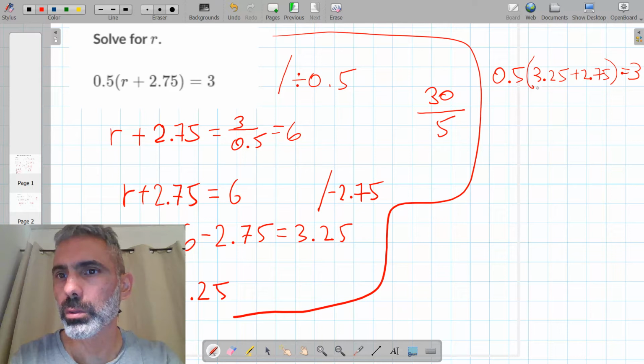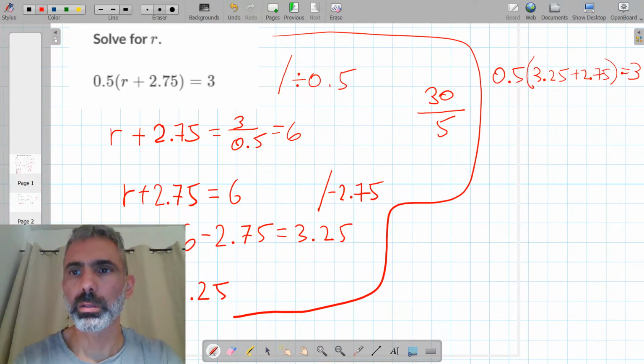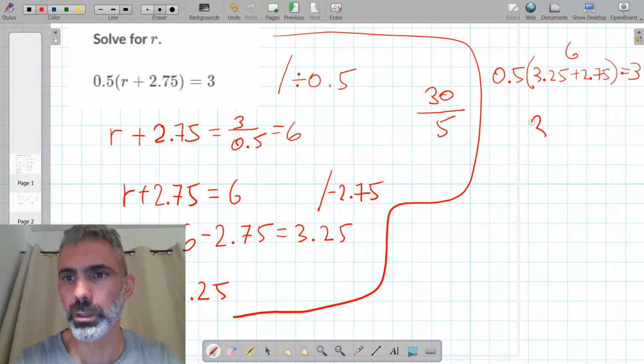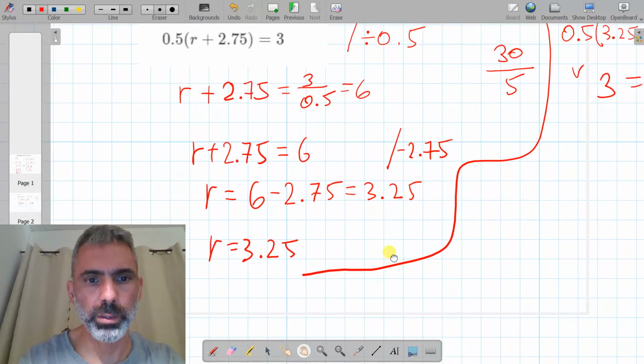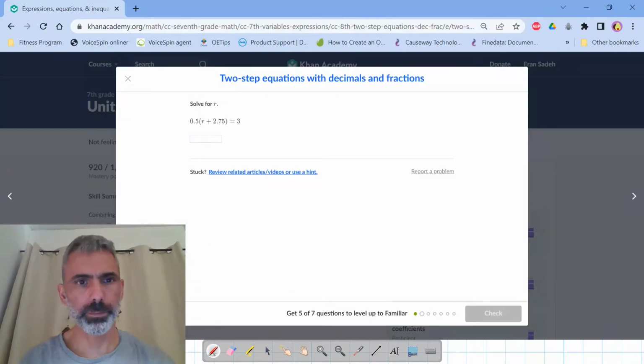Okay, so 3 plus 2 is 5, 0.25 plus 0.75 is 1, so 5 plus 1 is 6, so in the parentheses we have 6, 0.5 times 6 is like 1/2 of 6 is 3, so 3 equals 3, so this is good, which means that r is indeed 3.25.